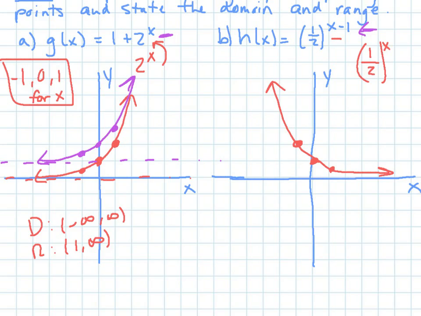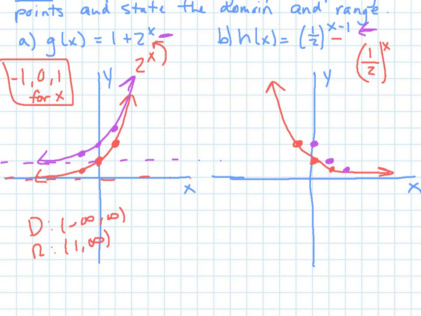So negative 1 comma 2 becomes 0 comma 2, because if I plugged in 0, 0 minus 1 is negative 1, and 1/2 to the negative first power is 2. If I plugged in 1, that gets me 0, because 1 minus 1 is 0, and 1/2 to the 0 power is 1. And if I plugged in 2, that got me the 1/2 that I want.